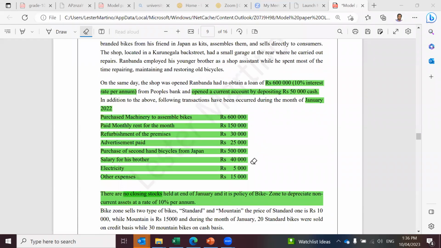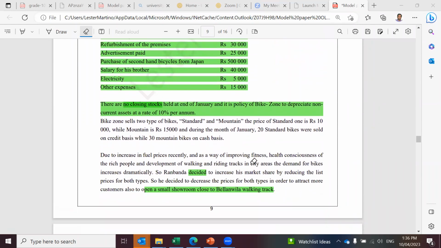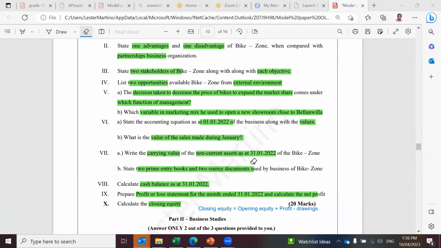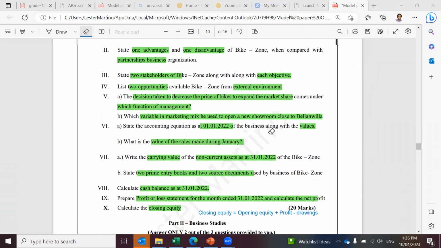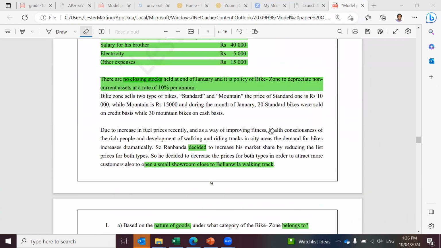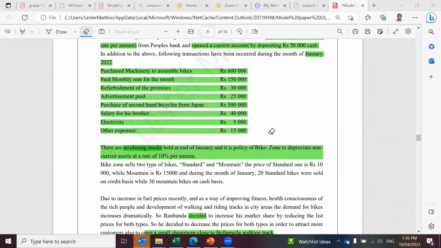So what is the depreciation rate? 10%. Sorry, hold on a minute. Yes, the depreciation rate is 10%.